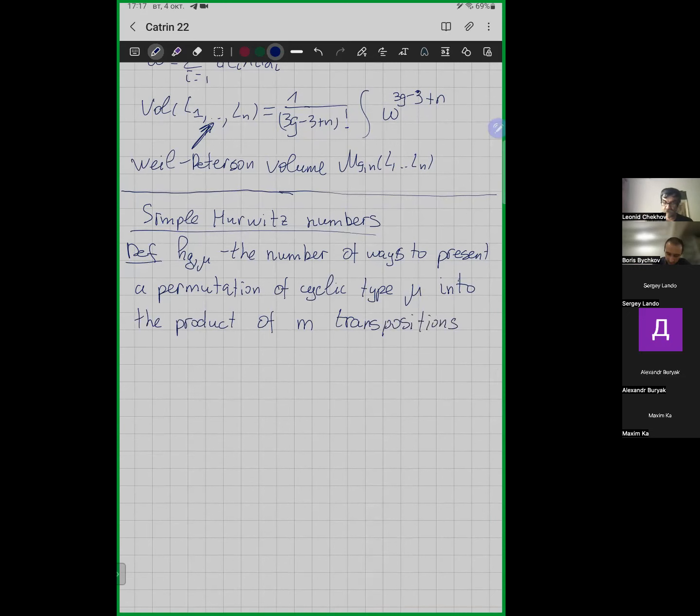You see I use here g and mu and no small m, but small m and g are connected by the Riemann-Hurwitz formula.